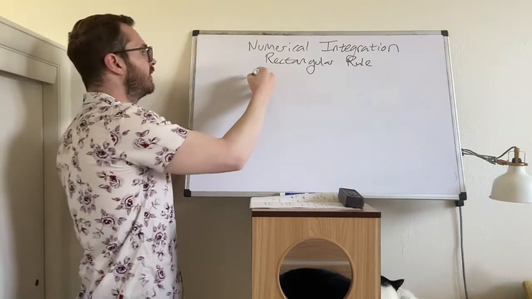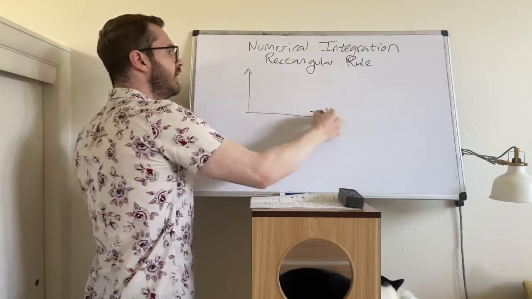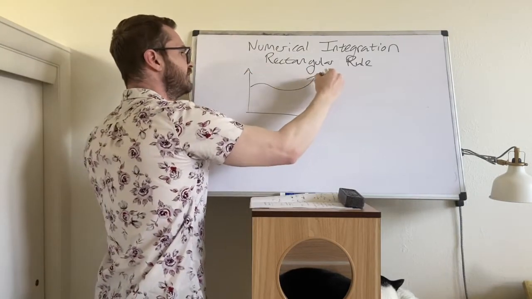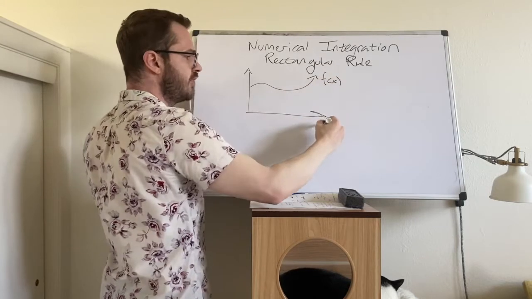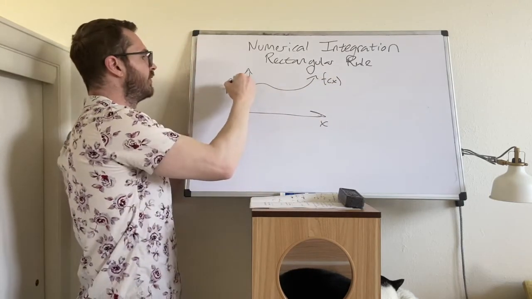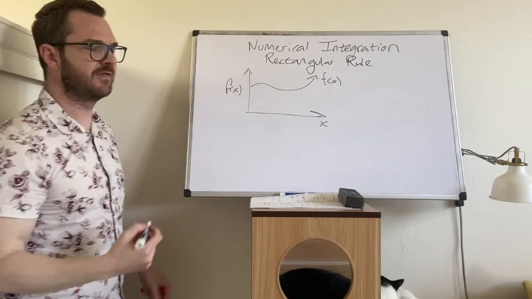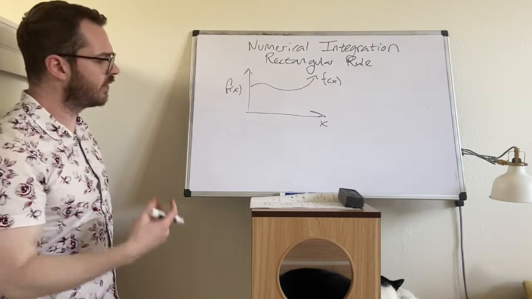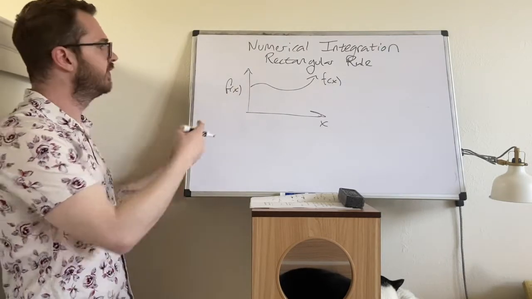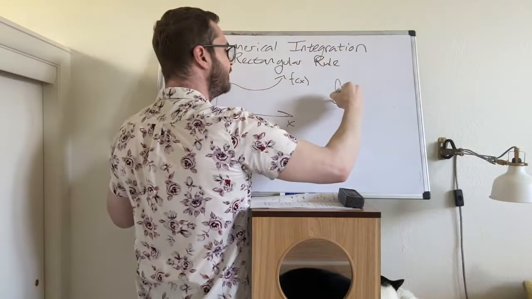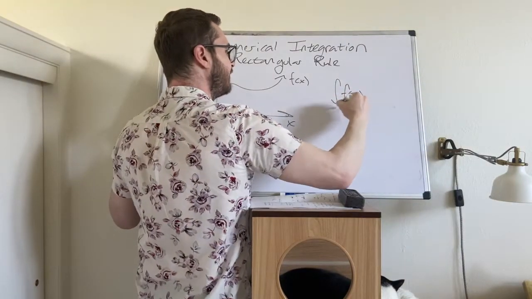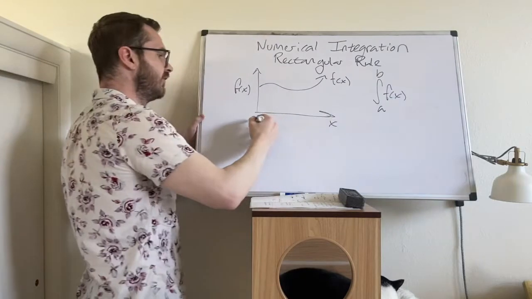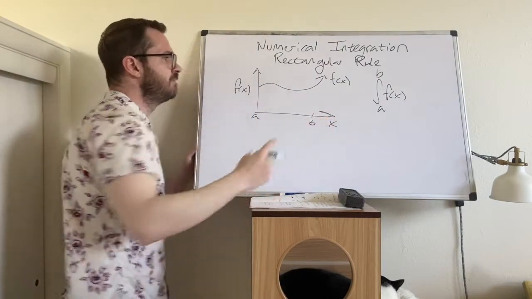Let's put our diagram, and let's start here. So here is the function f of x. We know that x is on the horizontal, and we're measuring the value f of x. We said we want to do a definite integral, right? We want the definite integral of f of x over the bounds a to b. So here's our bounds a to b.